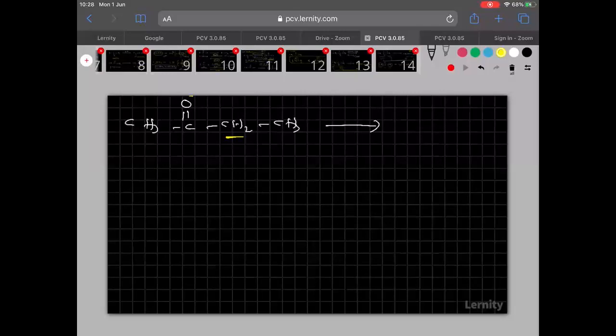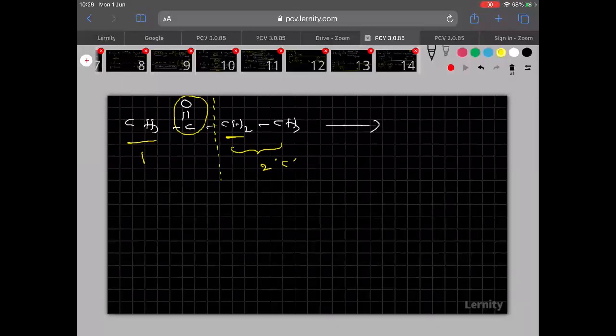So this is the carbonyl. With respect to carbonyl, here one carbon is there, and here two carbons are there. Which is the smaller one? One carbon alkyl, two carbon alkyl, one carbon. So break the bond in such a way that carbonyl should be attached to the smaller alkyl group, in this way.